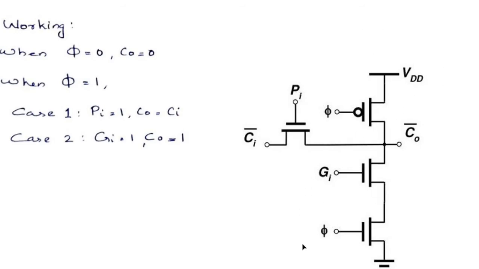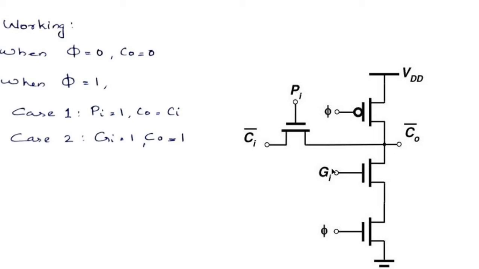And in this part, when phi is equal to 1, there is one condition that we have to always keep in mind when learning the dynamic adder: the Pi and Gi cannot simultaneously become 1. So either Pi is equal to 1 or Gi is equal to 1.